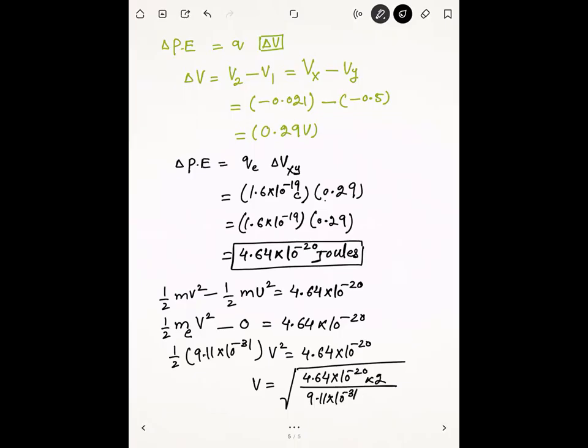Now, the answer of this calculation is speed equal to 3.19 into 10 power 5 meter per second. This is the speed gained by the electron in this movement.